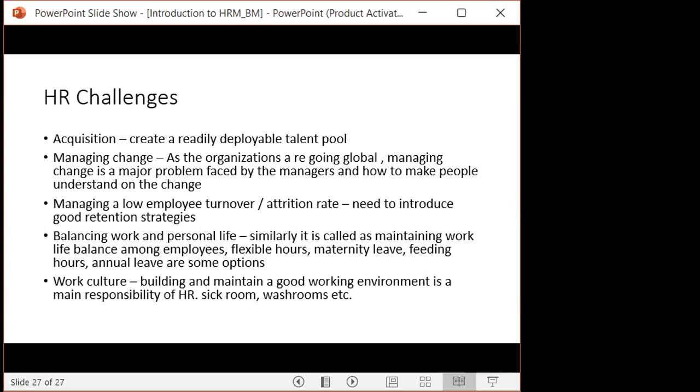Likewise, balancing work life as well as personal life. So HR needs to find out what they can do in order to balance work life.